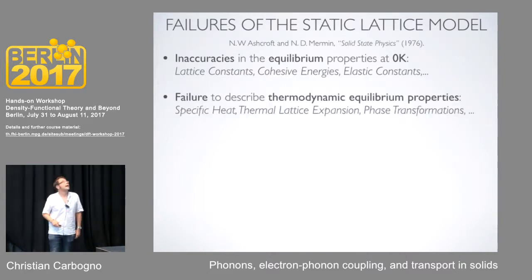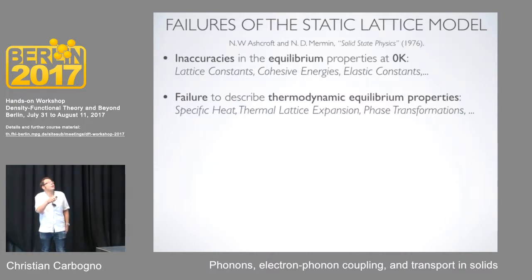If you go to higher temperatures, then obviously these vibrations have to be accounted for. So you have a failure to describe thermodynamic equilibrium properties if you don't account for these vibrations. This includes specific heat, thermal lattice expansion, phase transformations that all depend on the vibrations you have in the solid.